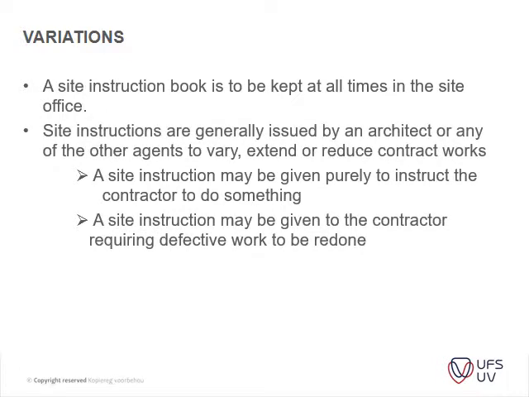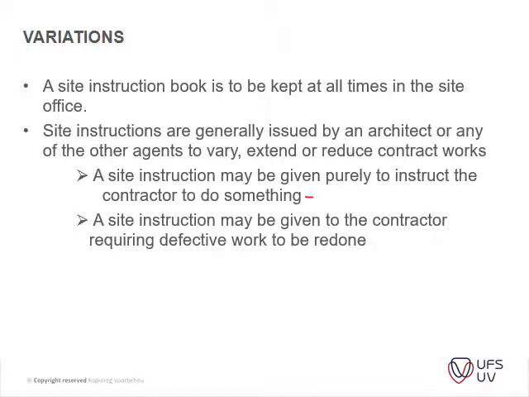Site instructions are generally used by the architect or any other of the agents and may vary, extend or reduce contract works. A site instruction may be given purely to instruct the contractor to do something that he's supposed to do anyway, like for instance housekeeping, keeping the site nice and clean.